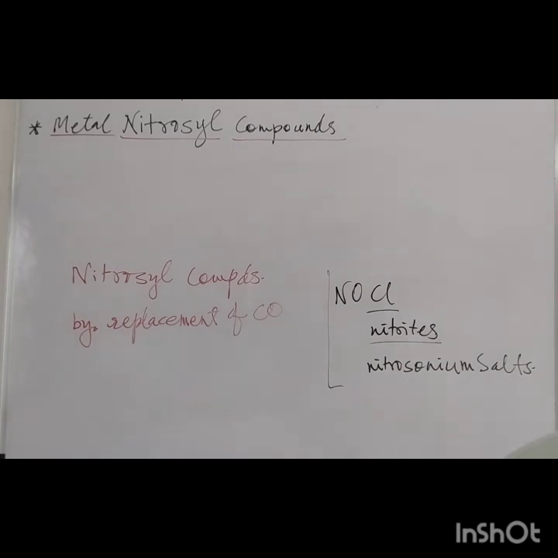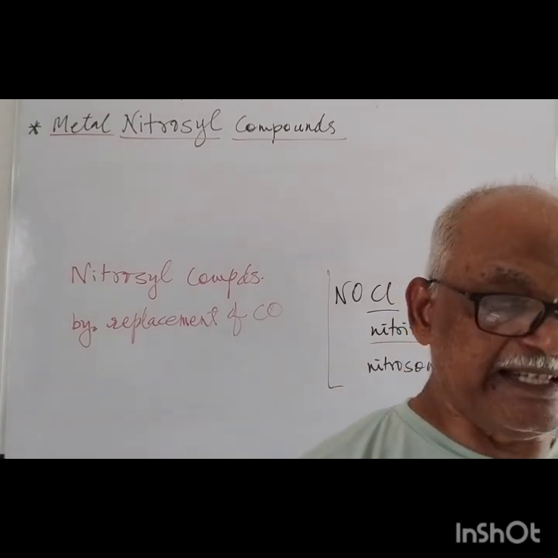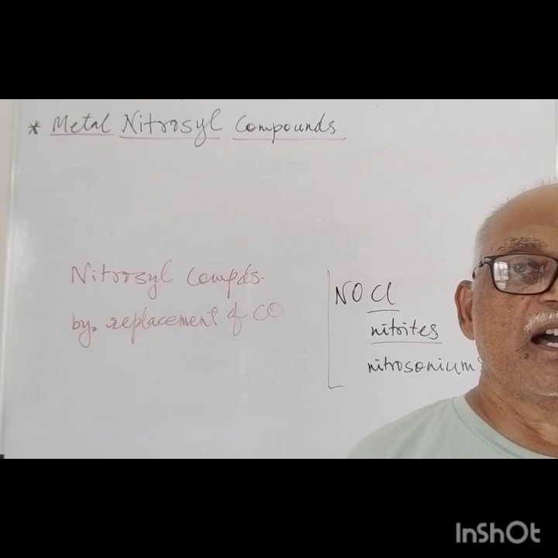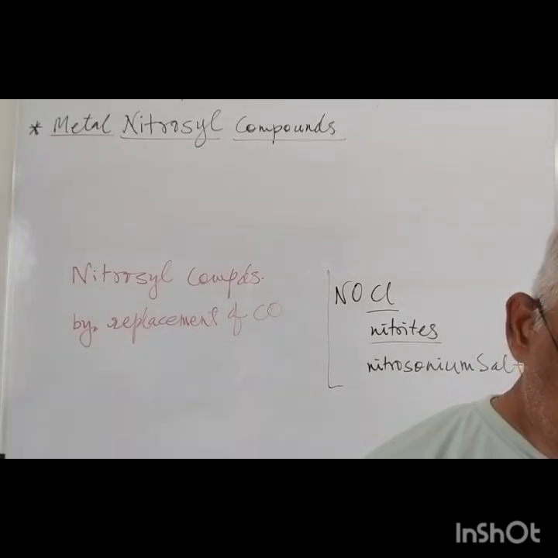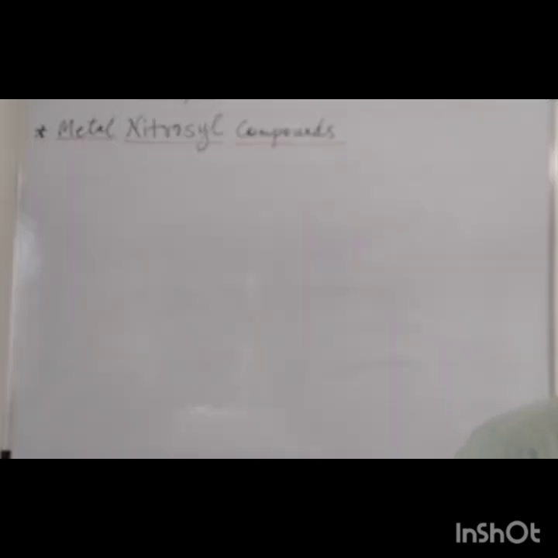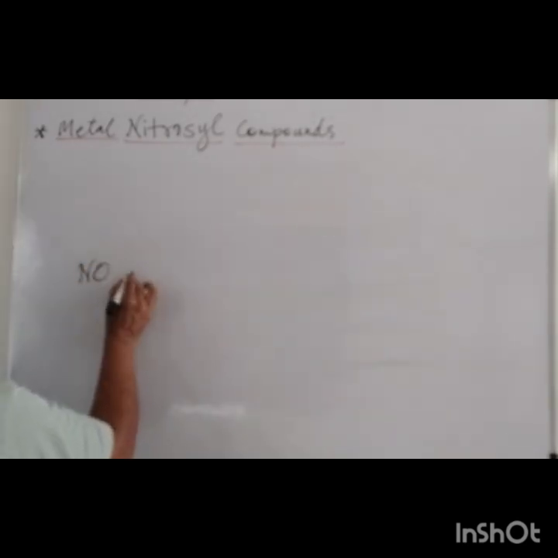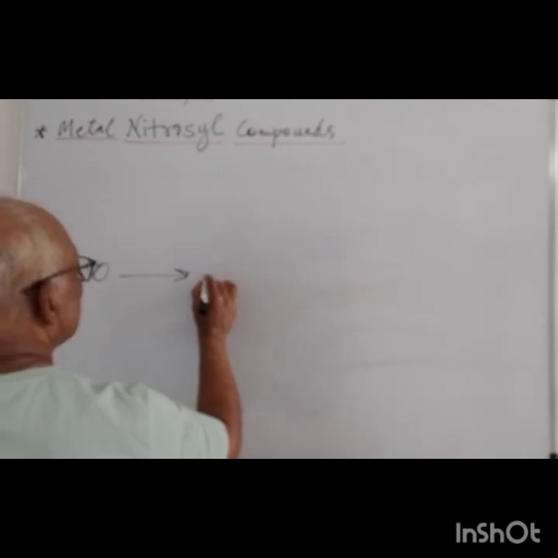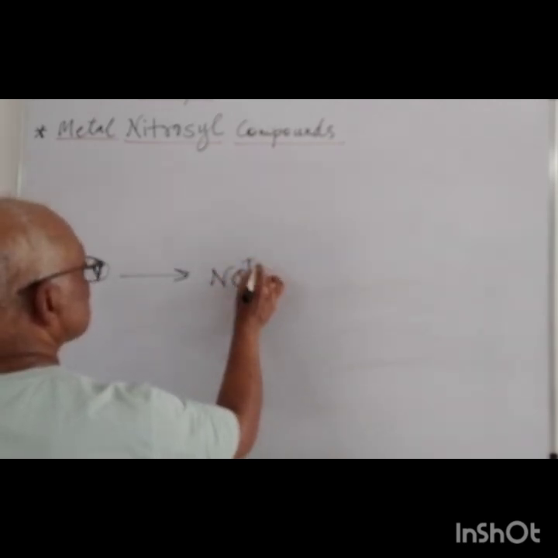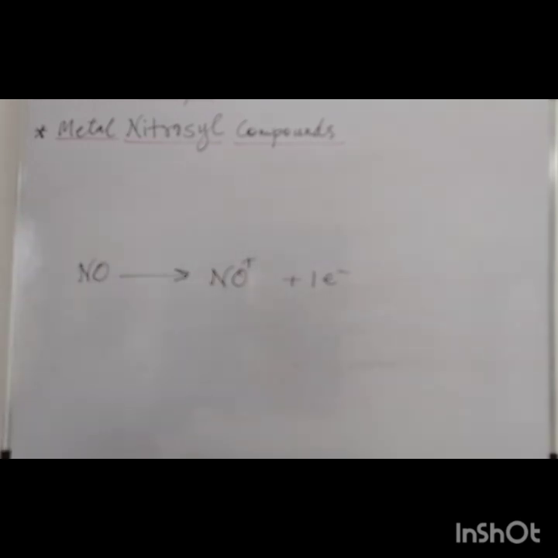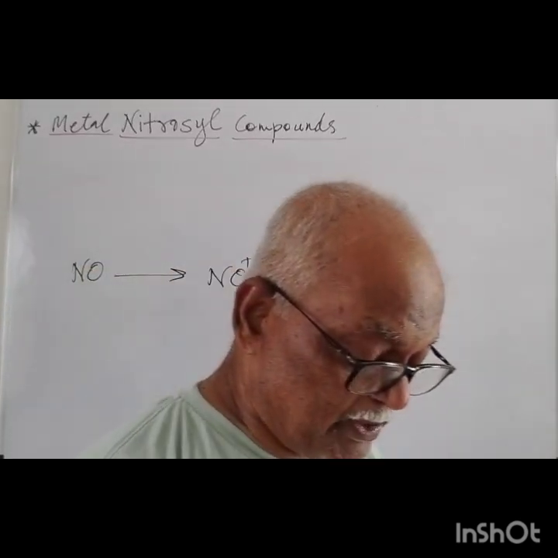Like carbonyl complexes, nitrosyl complexes are also characterized using IR spectroscopy. The nitrosyl group can lose one electron and produce NO plus.